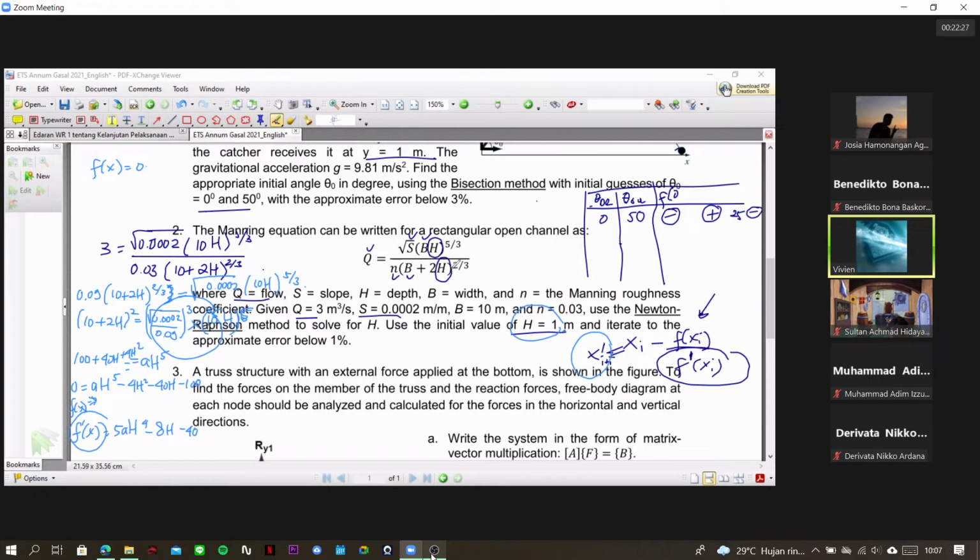So about 3 or 4 iterations, depending on the number of significant digits. And the result will be h equals 0.8097 meter. So this is the result for number 2.